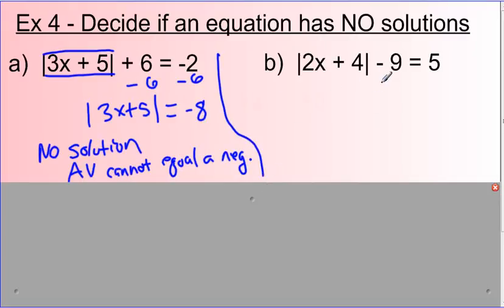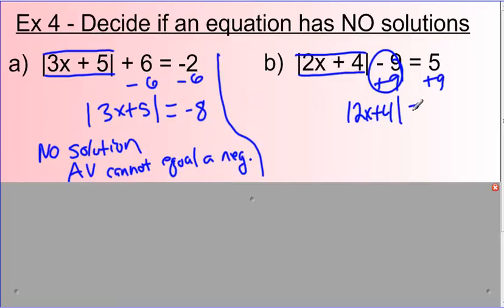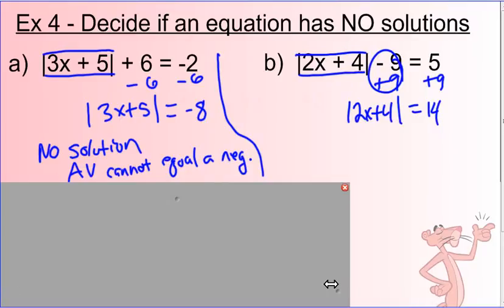Let's see. If we add 9, again, we're getting the absolute value piece by itself. These cancel. We get the absolute value of 2x plus 4 equals 14. So far, we're good. Absolute value equals a positive. We can solve this one.